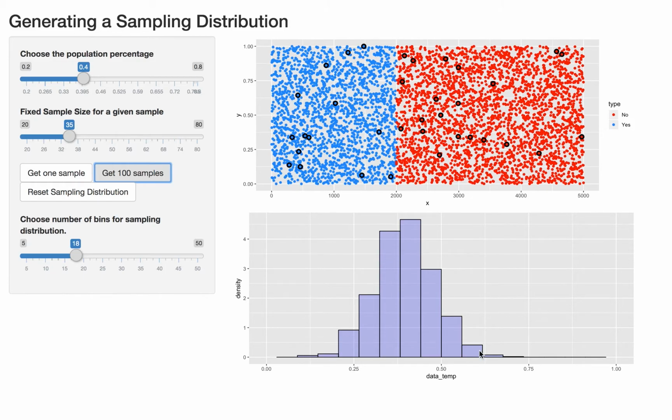The first thing we notice here is that this has a nice normal shape to it. The second thing we notice is that the tallest bar is right around 0.4, which ends up being our population percentage, right? So this gives us justification that the sample percentage is, in fact, a good estimator of the population percentage, because it's most likely that your sample percentage is going to be right near your population percentage.